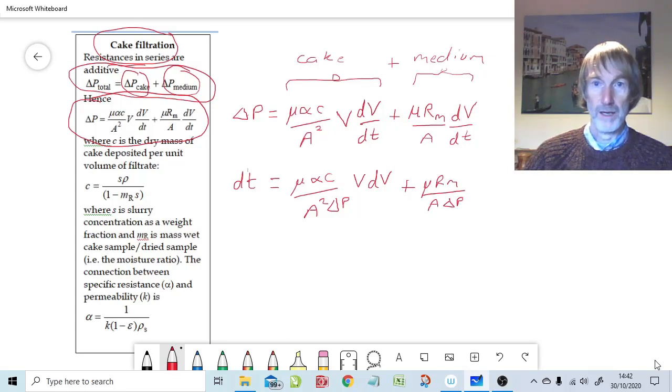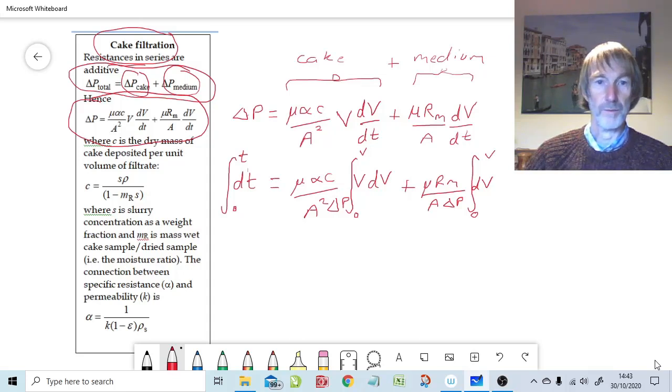And we have dV just here. So that's separating the variables. Then we're going to integrate from 0 to t, and they're all constants because by definition it's constant pressure. So we have a volume that goes from 0 to V here, and 0 to V here as well.